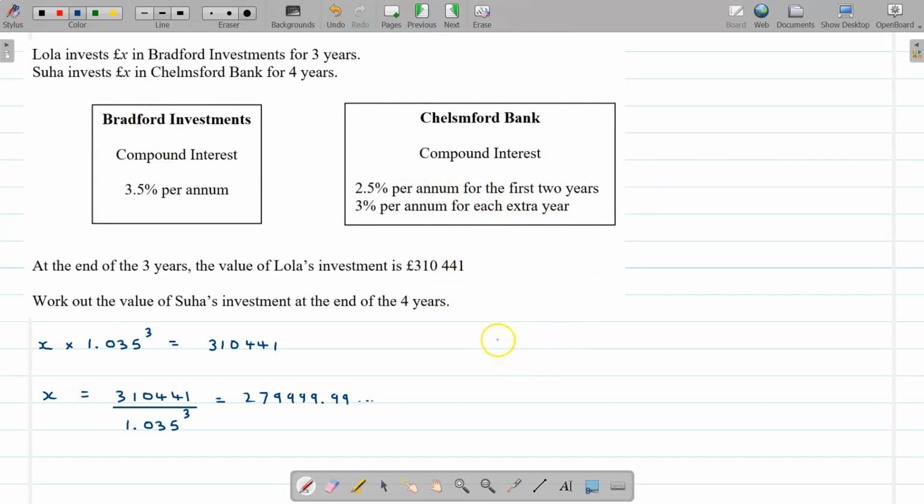So that's done like this, 280,000, which is the same amount that Lola invested, but in this case we increase it by 2.5% to the power of 2 because we're doing it for 2 years, and then we times it by 1.03 for another 2 years, and that will give us the amount of that investment, and it comes out to be 312,090. And that's the answer to the question.